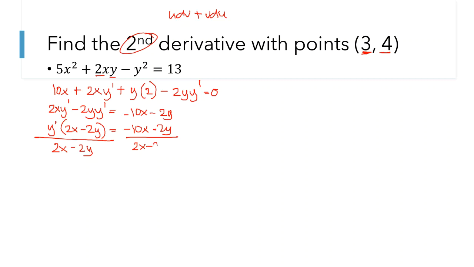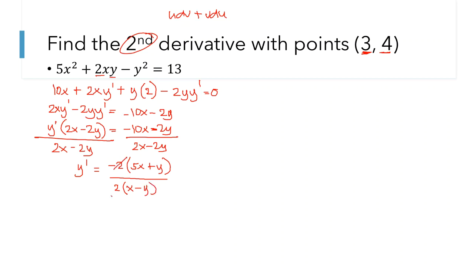2x minus 2y. So our y prime is equivalent to, 2 is common for all the terms, so we can factor that out. We have 5x plus y, because this is negative. Negative times positive, that would be negative. Then we have 2x minus y.